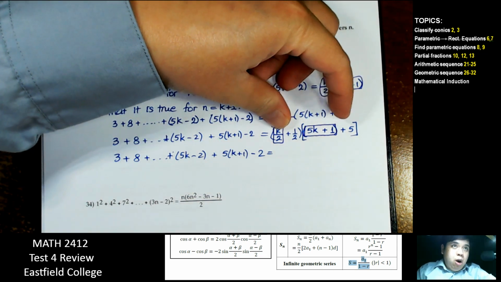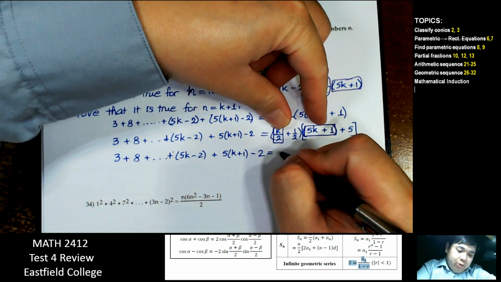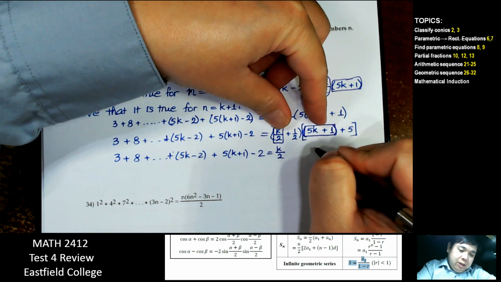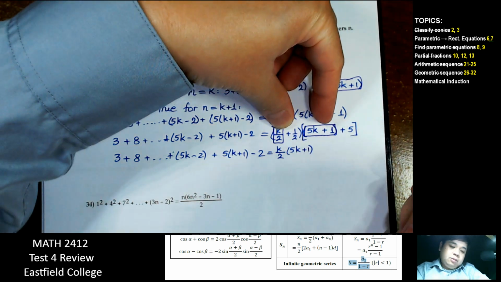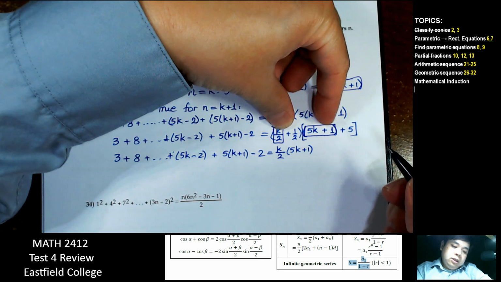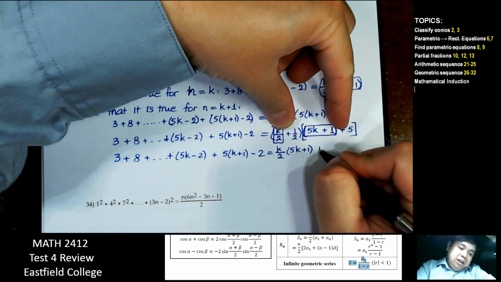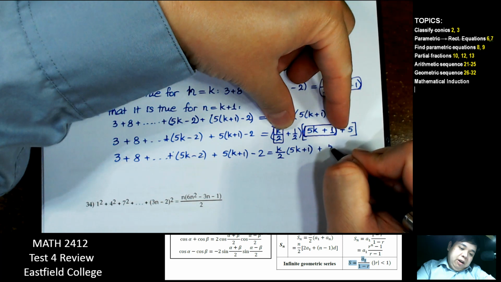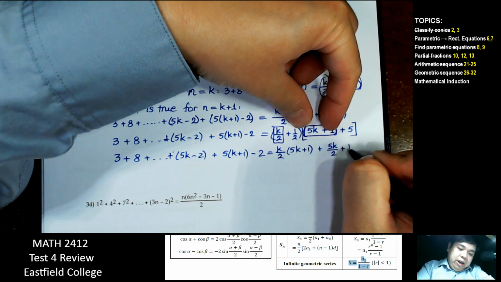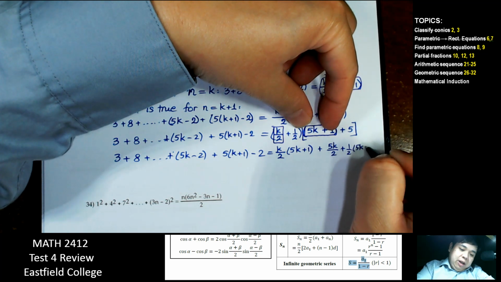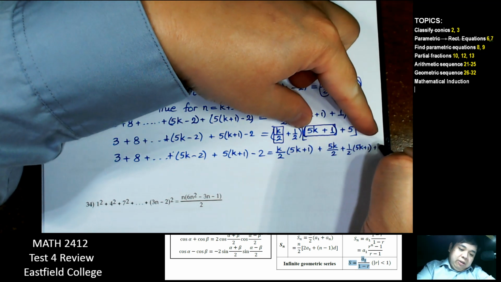Multiply the two purple parts together. Those two, we have k over 2, 5k plus 1. And that gives us 5k squared over 2 and then 1/2 of 5k plus 1 plus 5/2.